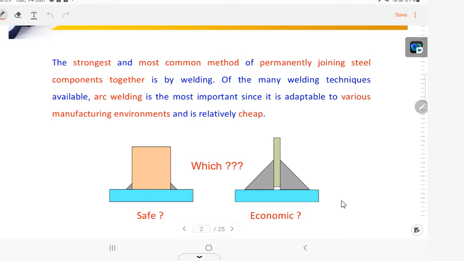Then you want to join the structure, because if you design the structure, the basic material for the structure, for example, just like this one, hollow types. So this is the basic material.